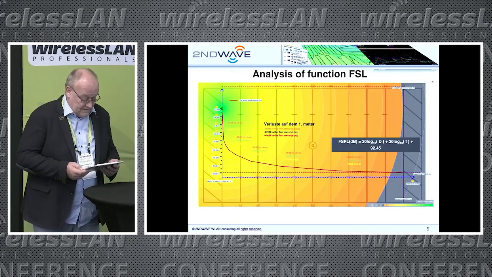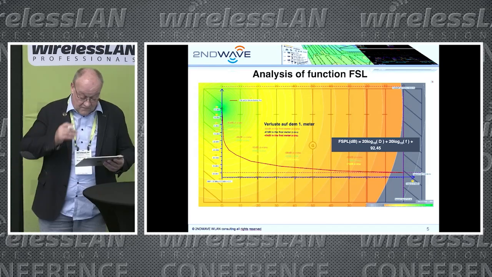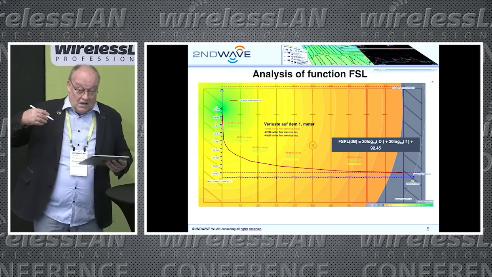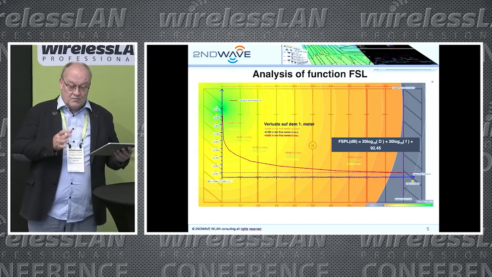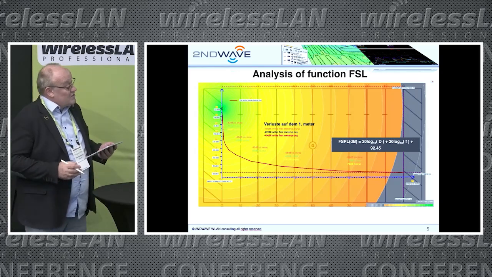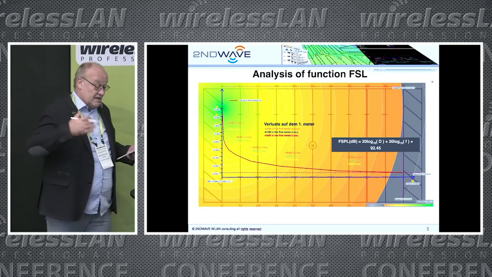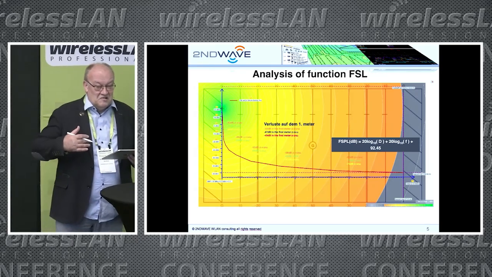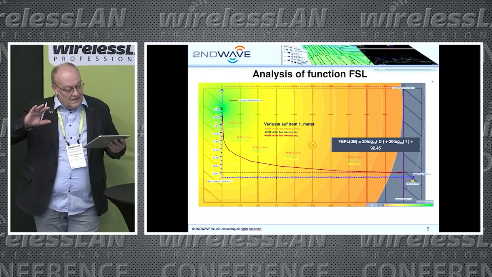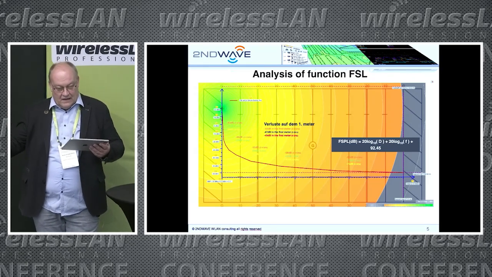To start with this, I like to do some analysis of the free space loss, because I wanted to find out in what range I would place the antenna-AP from the measurement device. That was the first question. And the second one was how to avoid too much energy going around based on multipath effects.